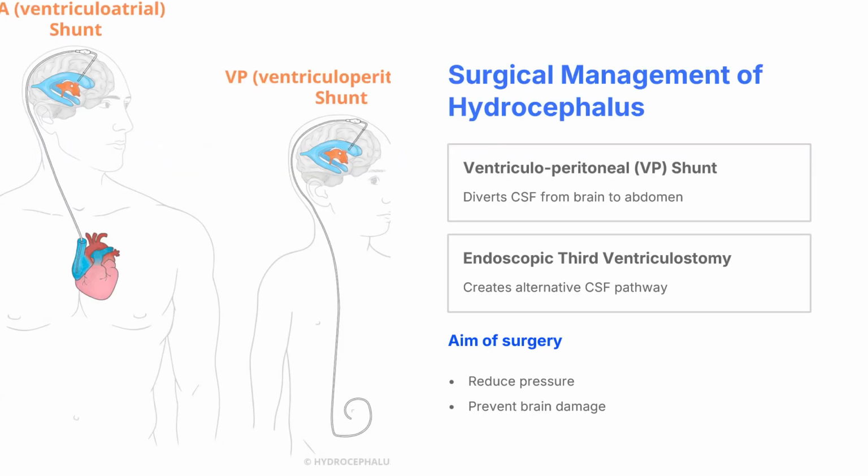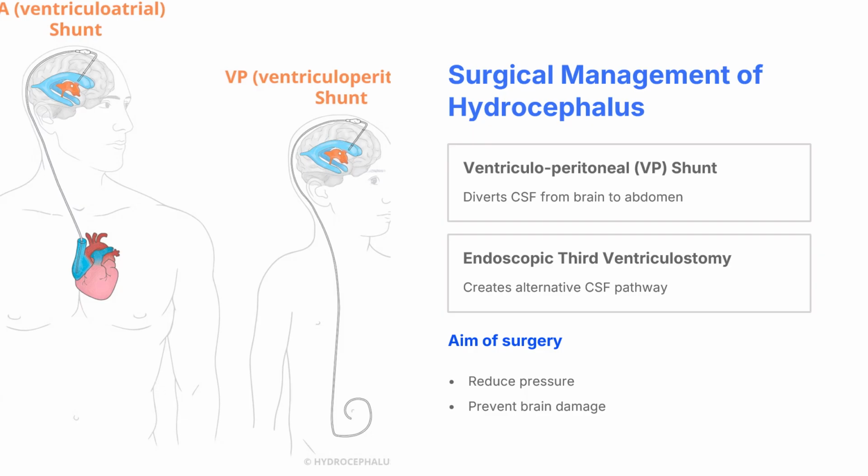The surgery aims to reduce the ICP, that is intracranial pressure, and further prevent brain damage. There is a VP shunt, or ventriculoperitoneal shunt, which will be done by the surgeons and which will divert the cerebrospinal fluid from the brain to the abdomen.